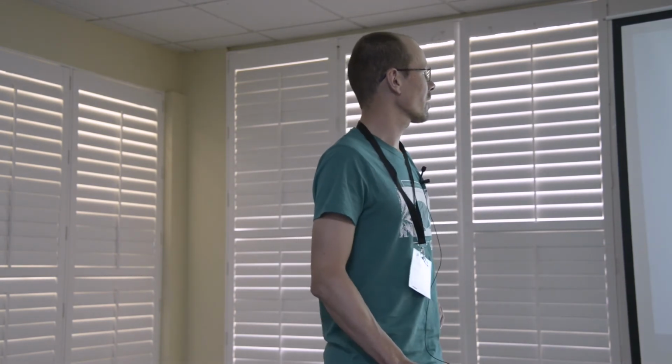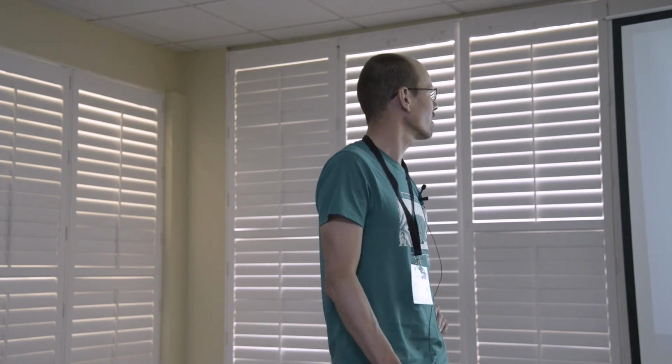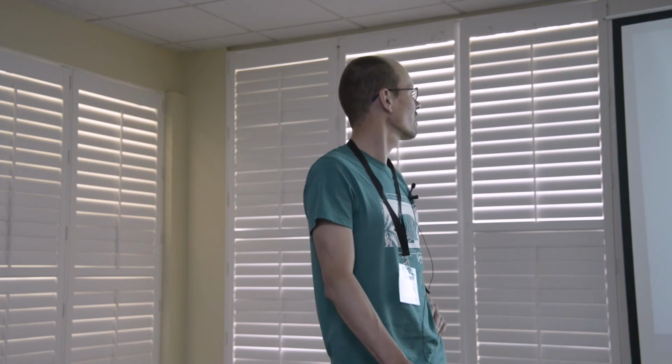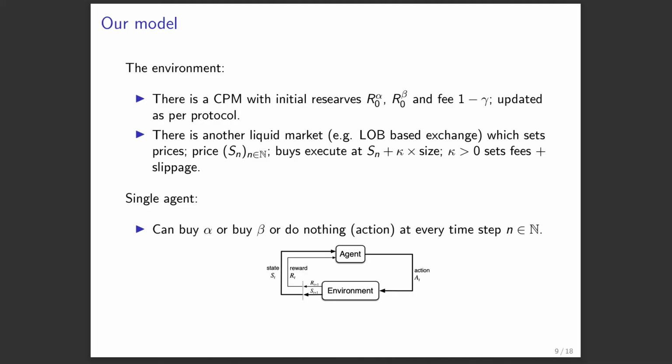Okay, so that was all of the background, and now we get to the simulation, to the agent-based simulation that we did. So it's based on the assumption that there is a constant product market. There is another liquid exchange, which can be based on limit order books.